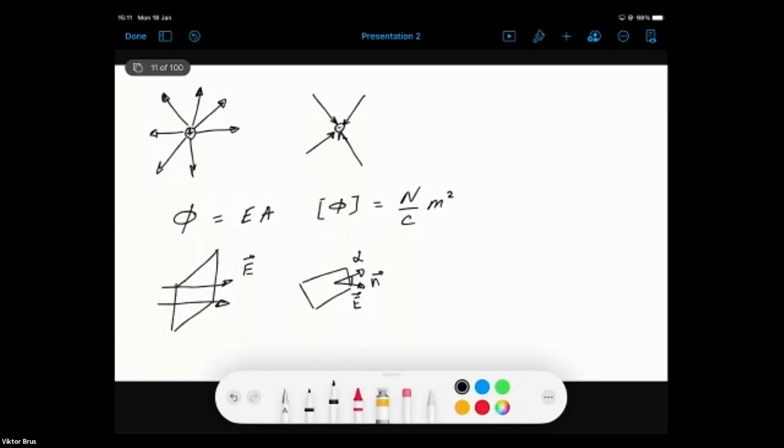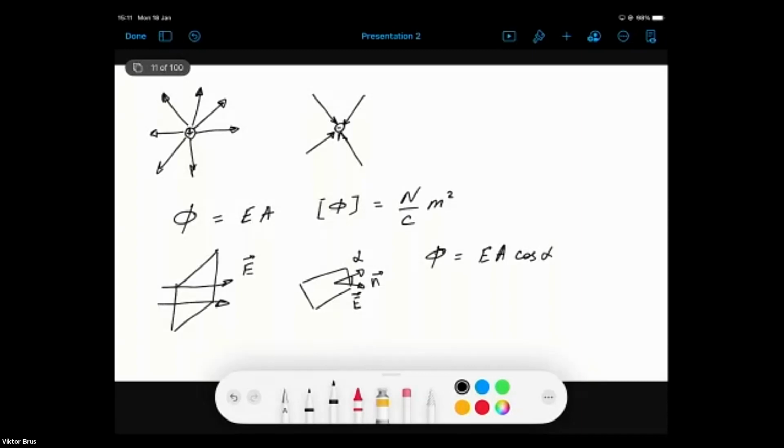And in this case, electric field flux is equal to the product of electric field strength, area, times cosine alpha.